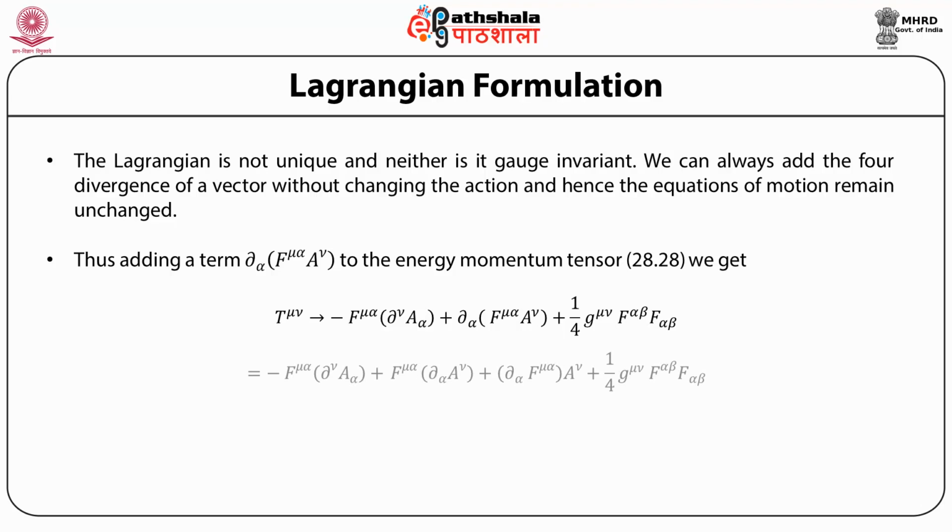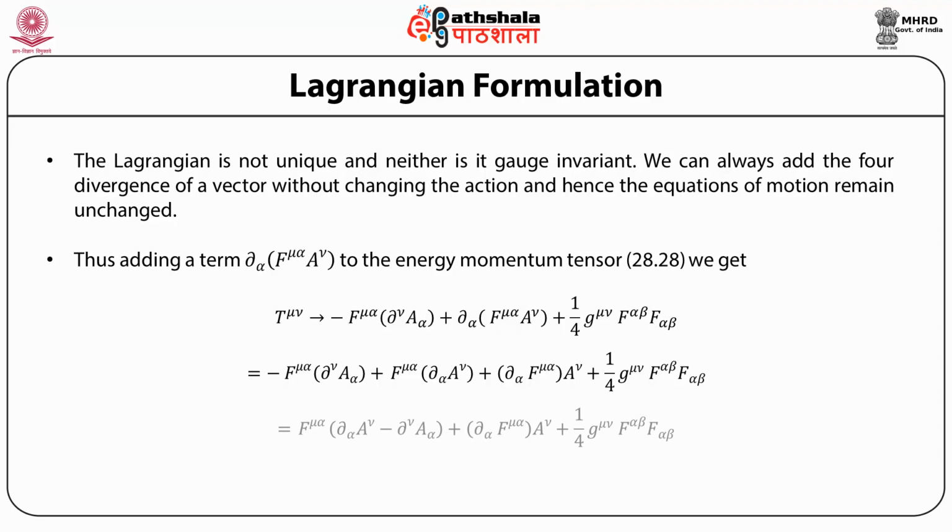This equals minus F mu alpha into del nu A alpha plus F mu alpha into del alpha A nu plus del alpha F mu alpha A nu plus 1 by 4 G mu nu F alpha beta contracted with F alpha beta.